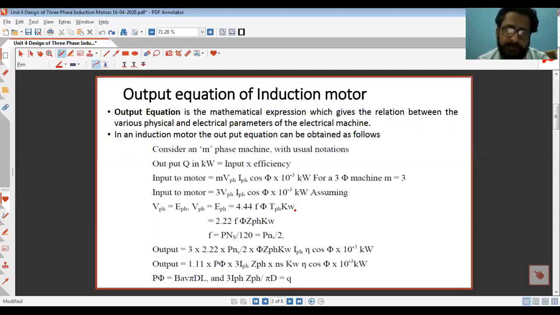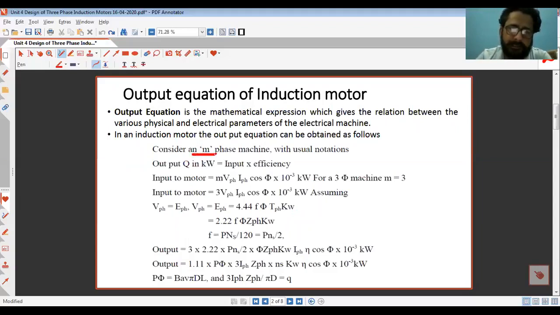It is basically the output kVA of the machine, or not kVA here because it is a motor, so it is a load basically, it will dissipate the power, so it is output kilowatt, right? kVA is for the transformers generally, right?